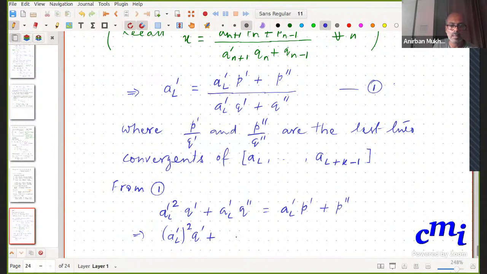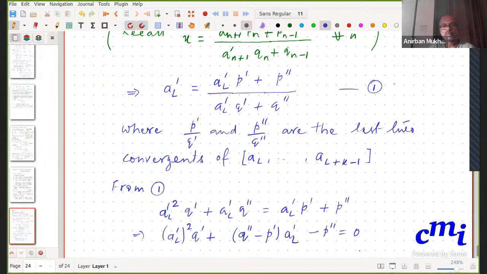Q dash plus a_l dash, so a_l dash has coefficient Q double dash minus P dash, minus P double dash is equal to 0.